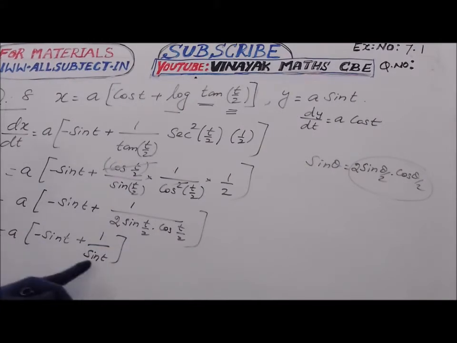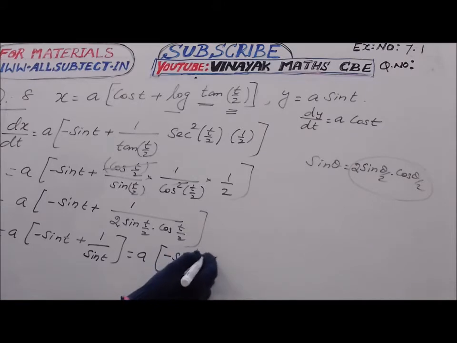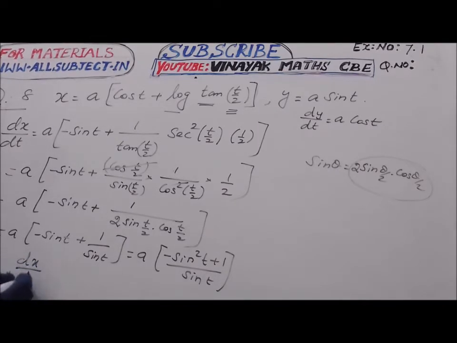Taking the LCM here, minus sin square t plus 1 by sin t. 1 minus sin square t is cos square t. So dx by dt equal to a into cos square t divided by sin t. This is dx by dt.